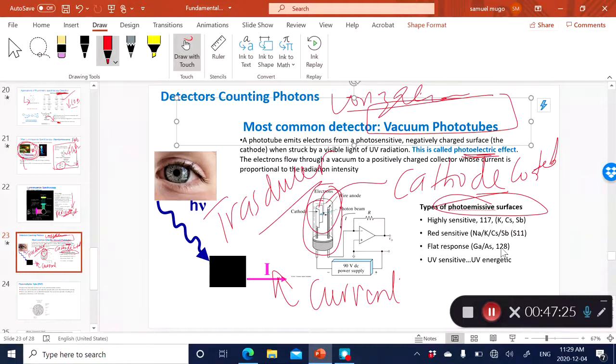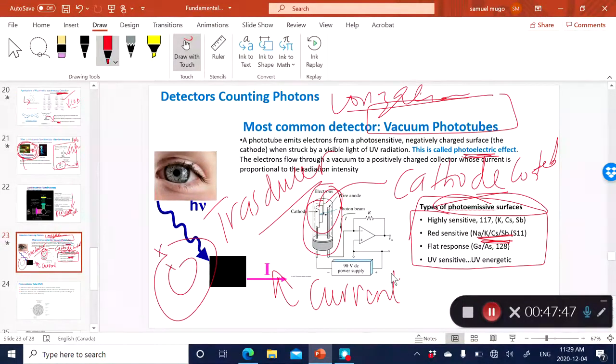Surfaces that very easily ionize, as you can easily tell, would be made from alkali metals. Alkali metals are very easy to ionize. Maybe you should go and check. The ionization energy of the alkali metals is very low because there's only one electron in the outermost level, so it's very easy to dislodge that electron. That's why photoemissive surfaces are made with alkali metals.